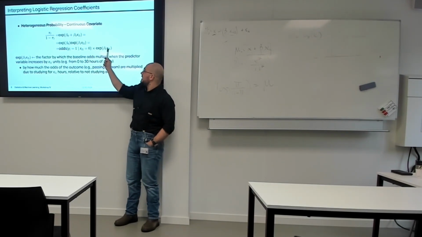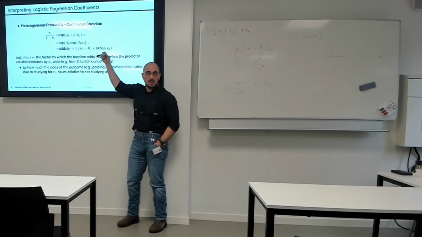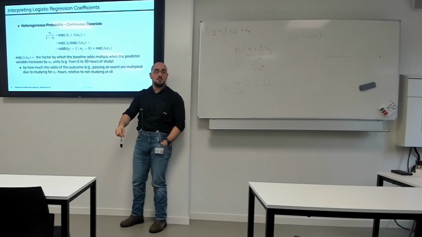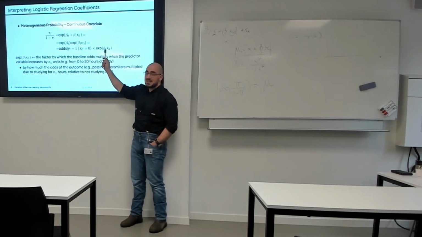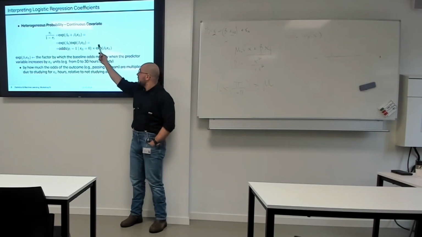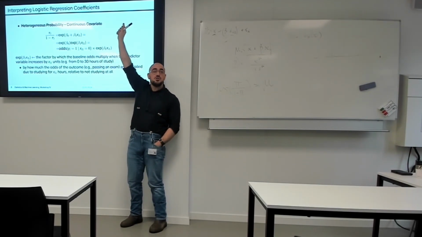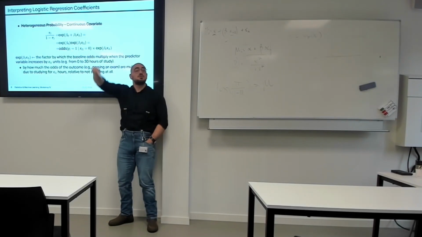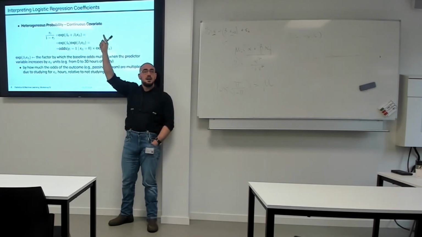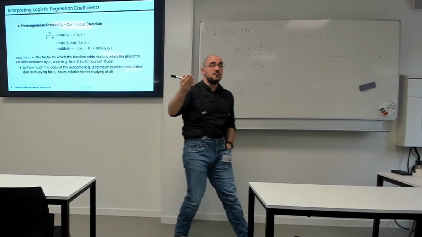So if I have 15 guns but my impact is very negative, then this is going to be a number very close to 0, and it's going to lead to my odds being very, very low, close to 0. If beta is very positive, exp of beta times x is going to be very large, and it's going to multiply my odds quite dramatically, which makes me more likely to vote for Trump, exactly.